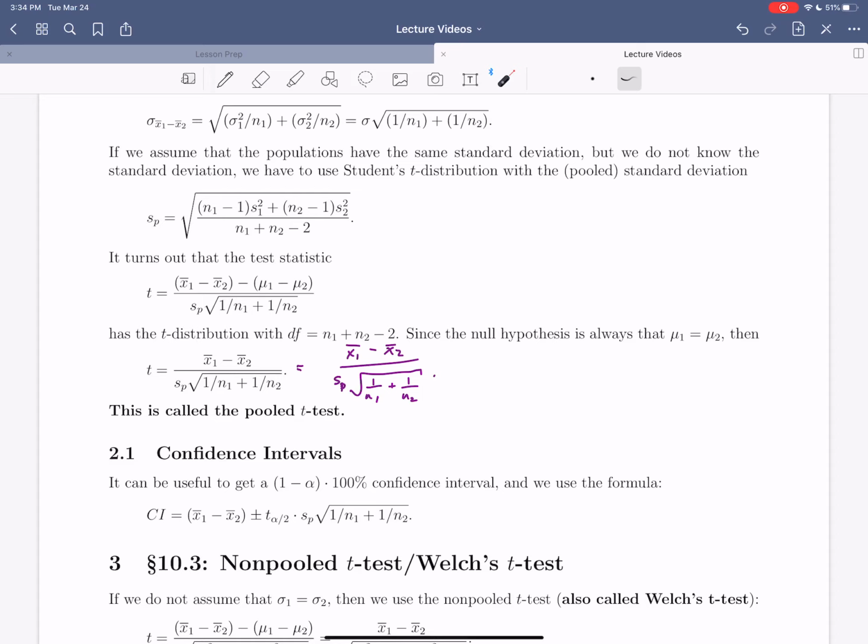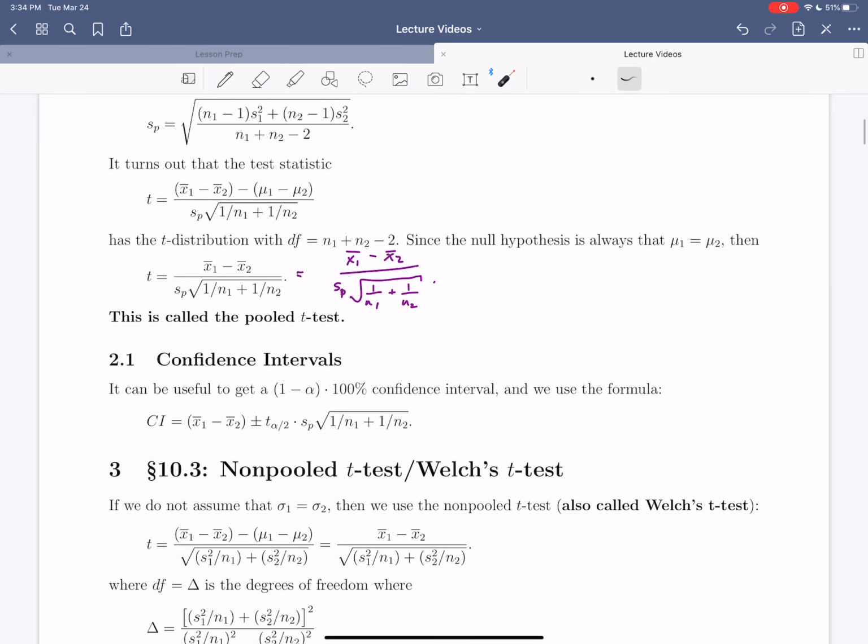You can also talk about confidence intervals. This is perfectly straightforward. We have a nice formula for it, and we'll use that formula occasionally. It mimics the confidence interval formula from the last chapter, where the confidence interval was x bar plus or minus t sub alpha over 2 times our standard deviation over the square root of n.